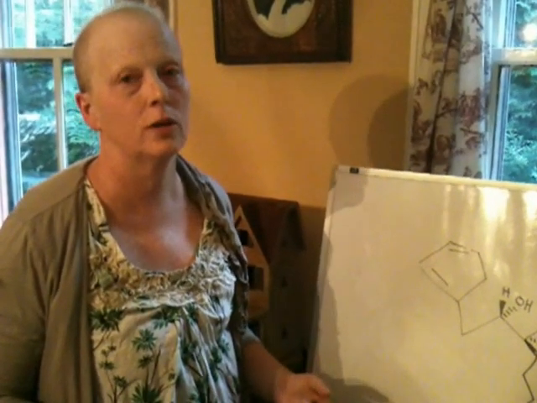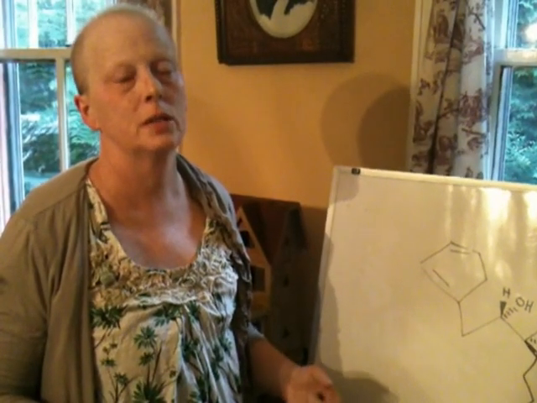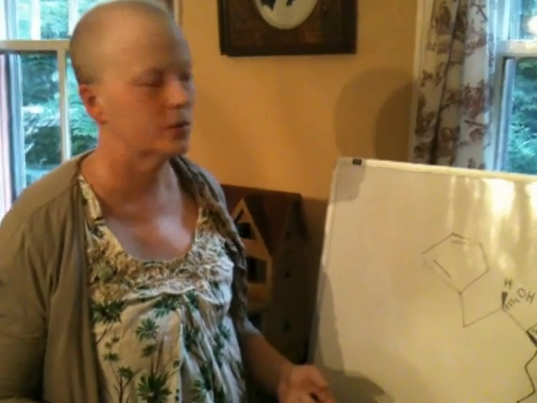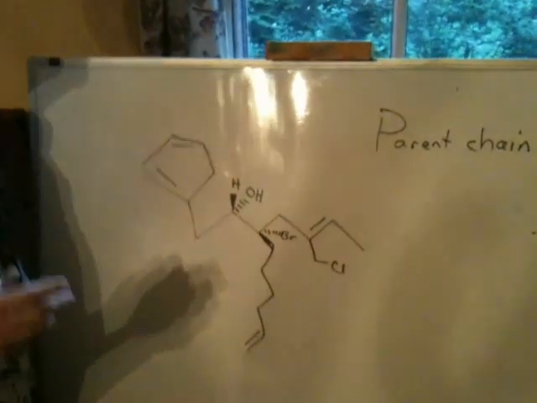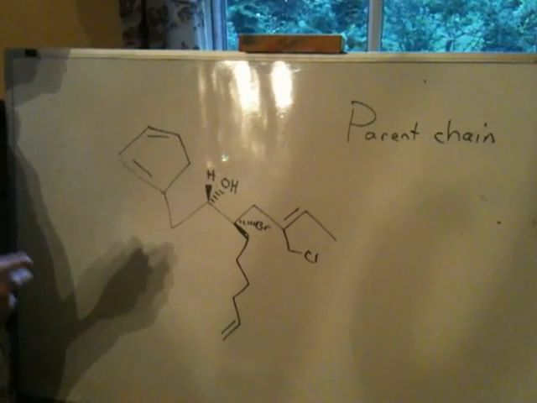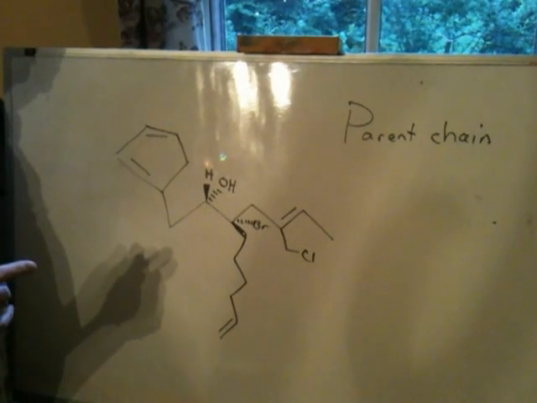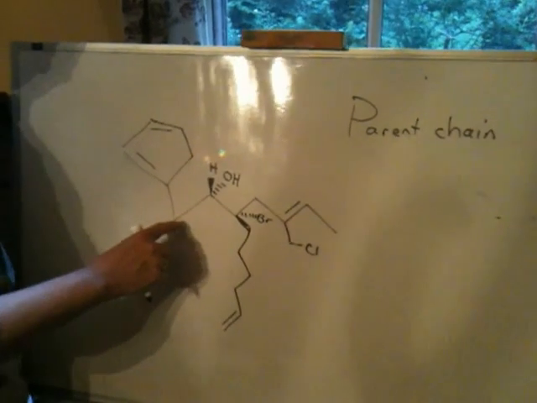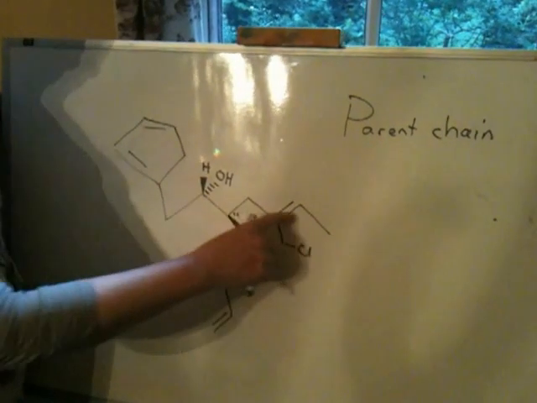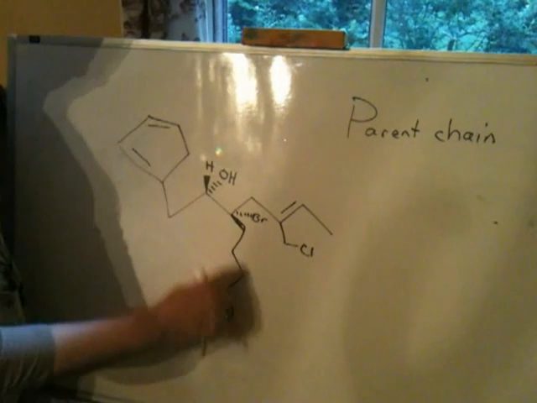The first thing is you look for the greatest number of substituents corresponding to the highest priority groups. Now in this molecule, the highest priority group would be the alcohol. So you'd want to get the longest chain from end to end that would include that alcohol. So this alcohol has to be in the chain. So obviously it would either be this chain or it would be this chain.